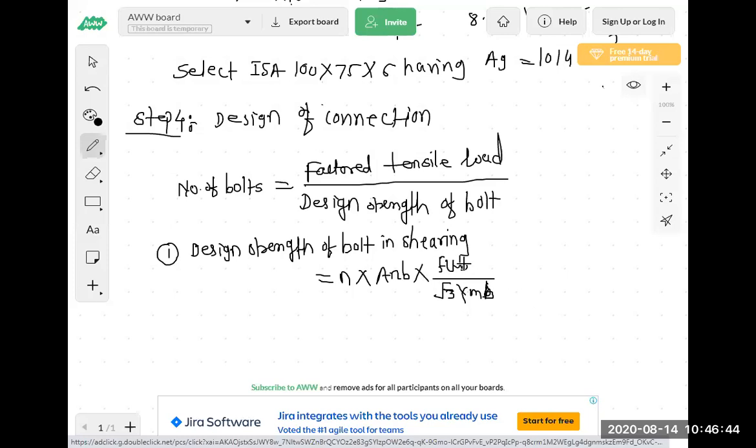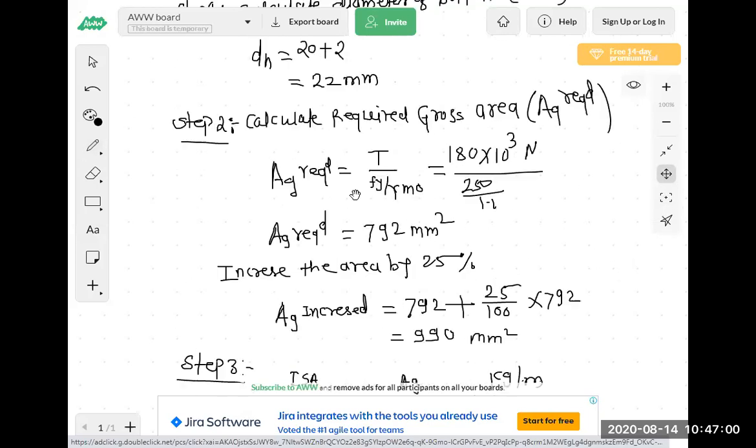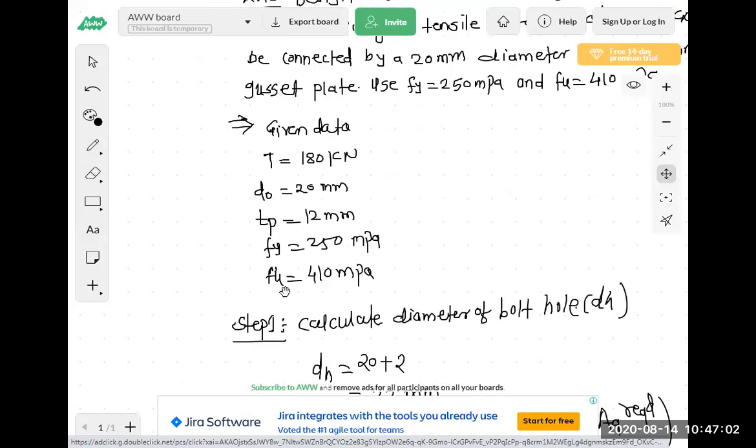For this fub, we have to assume the grade of bolt. The grade of bolt they have not given. So at the top, in the given data, you can write: assume 4.6 grade bolt.